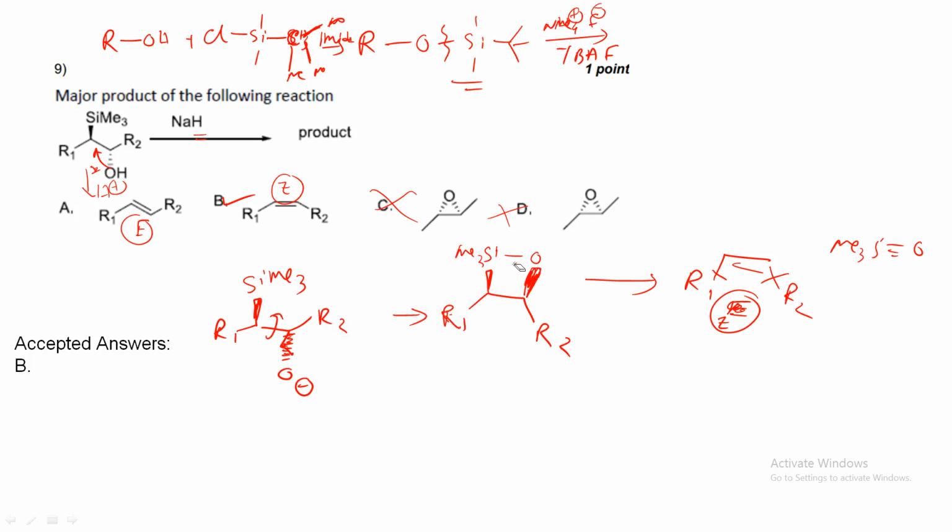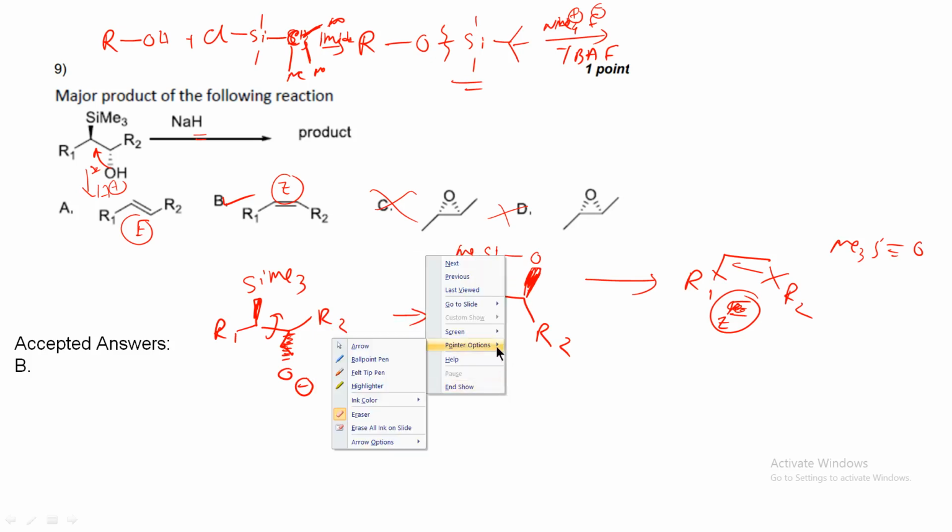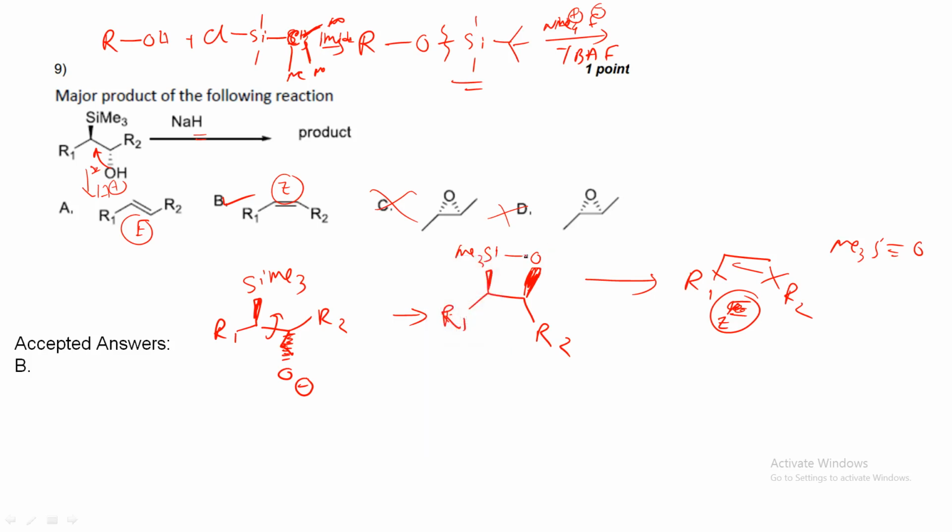The product would be Z, no issue with that. But how it is removing, I'm just giving an overview of that. So this kind of thing should be there, not the reverse one. So this kind of elimination is occurring to this. It is one of the paths you can say. Another path would be when it is attacking.